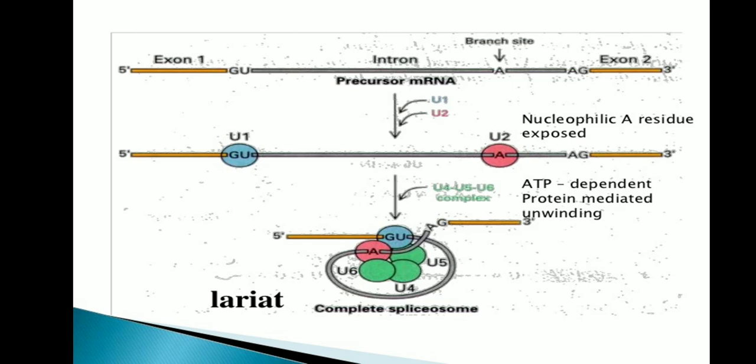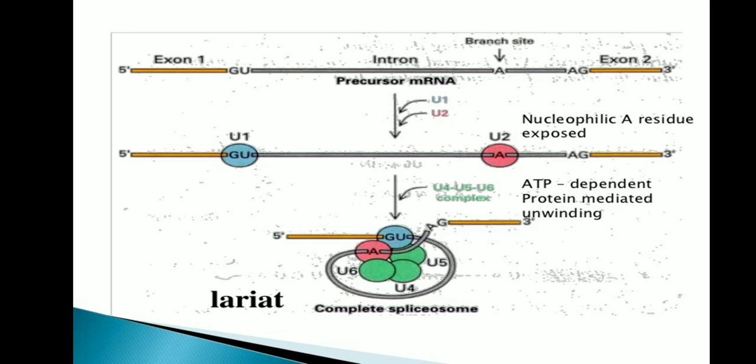So the E complex is converted to the A complex when the U2 snRNP binds to the branching site. You can see the branching site here, okay? So both the U1 snRNP and U2AF are needed for the U2 binding, otherwise U2 cannot bind.